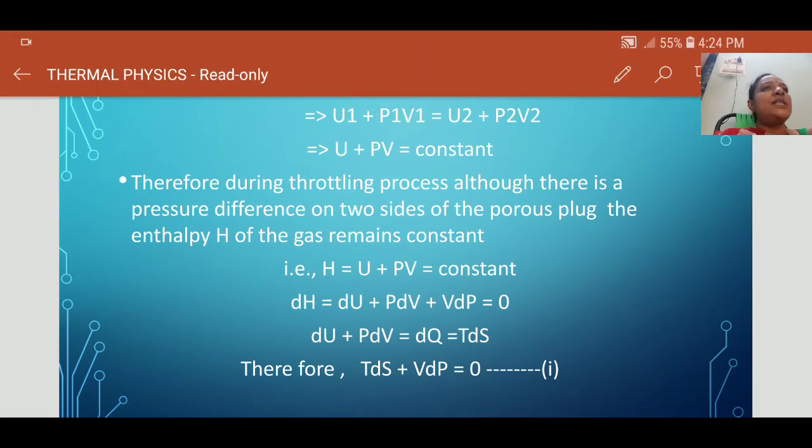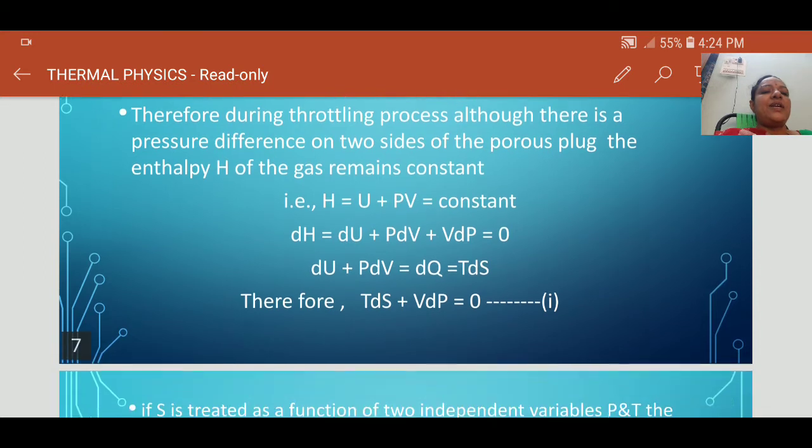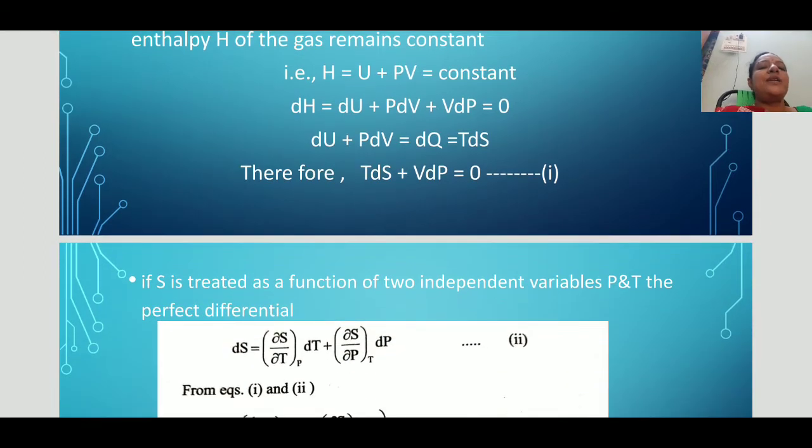Say this is the first equation. Next, slowly we are thinking about the entropy in the Joule Kelvin effect. Let this entropy be a function of pressure and temperature. So S is a function of T and P. So the complete differential of the entropy, S, is treated as a perfect differential. What is the value of dS?